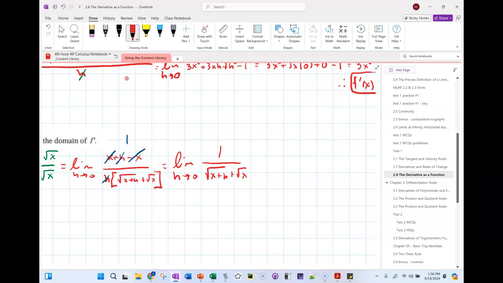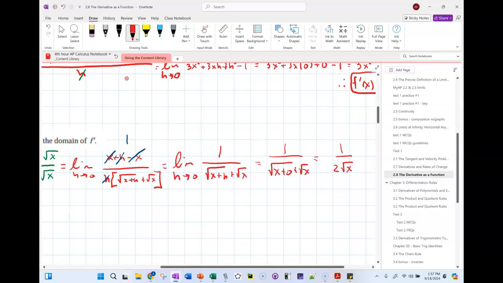To finish my limit off, what do I do? Plug in 0 for h. Yeah, okay. Just want to make sure we have two variables there. What is the square root of x plus 0 plus the square root of x? What does that simplify to? 2 square root x. Great.